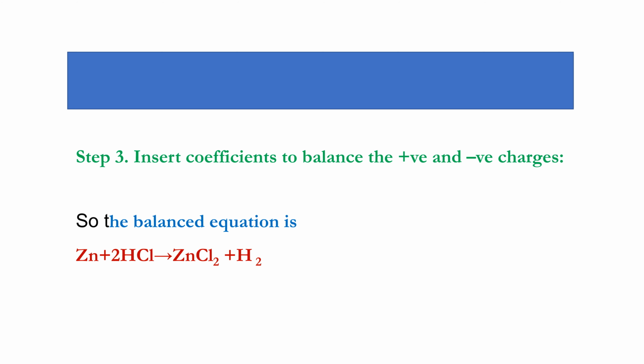So we insert 2 here as the coefficient for HCl because you need 2 atoms of hydrogen for every 1 atom of zinc. So if we do this, we will have zinc plus 2 HCl gives zinc chloride plus H2. So this is the balanced equation.